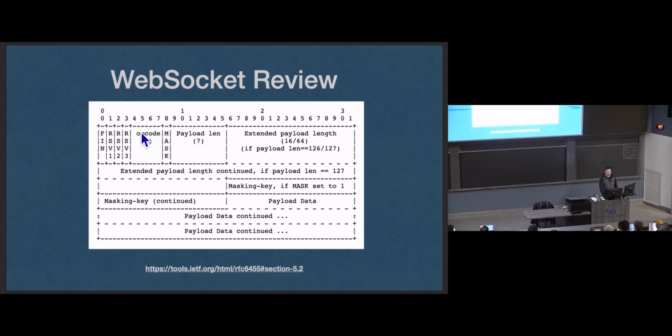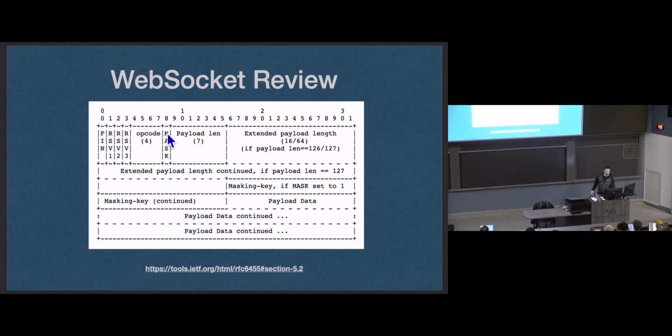The opcode, which is going to be either 0001 for text, 1000 for closing a connection, and then 0000 if it's a continuation frame. There are a few other ones, ping, pong, binary data, that we're not going to use in this class. But those are the 3 that we're going to see that you'll have to code in your homework.